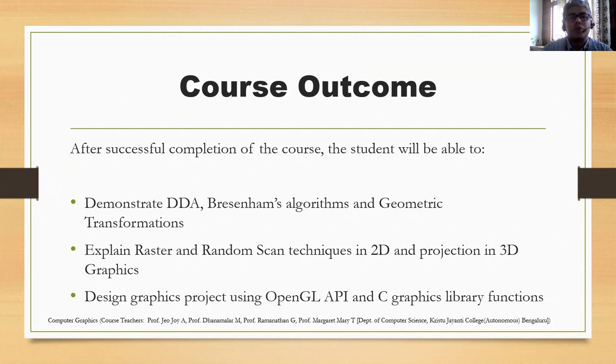And they would be able to explain the raster and random scan techniques in 2 dimensions and projection graphics in 3 dimensions. The students will also be able to design projects using OpenGL API as well as C language graphics library functions.